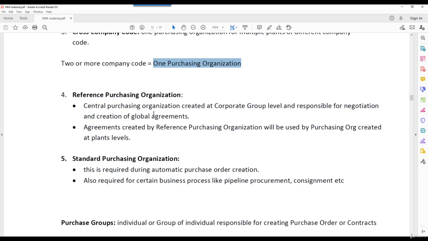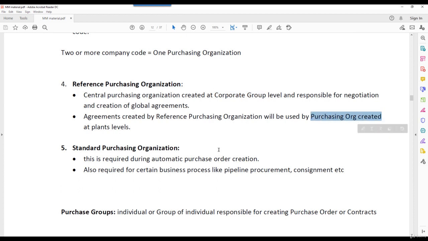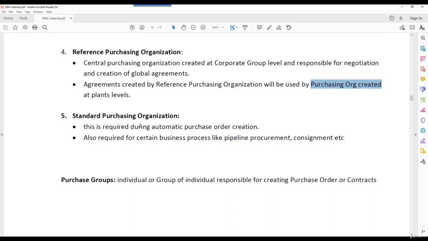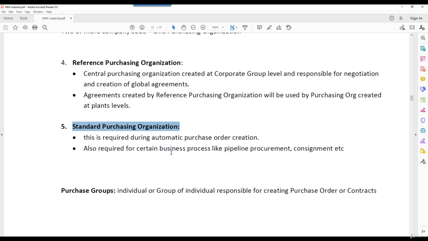This is the central purchasing organization created at a corporate group level, responsible for negotiating and creation of global agreements. In turn, these agreements will be used by the local purchasing organization created at plant. Standard is for automatic purchase order creation. We need a standard purchasing organization, also required for certain business processes like pipeline and consignment.